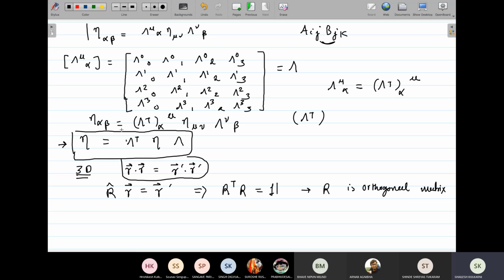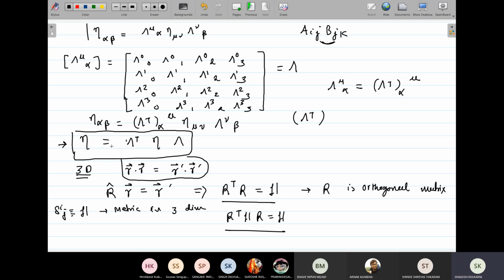Similarly, in Lorentz transformation, this lambda is orthogonal and satisfies this condition. Identity, or delta, is the metric in 3 dimensions, so I could have written this as R transpose identity R equals identity.